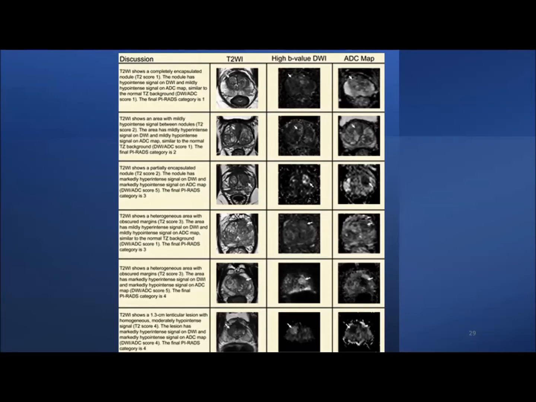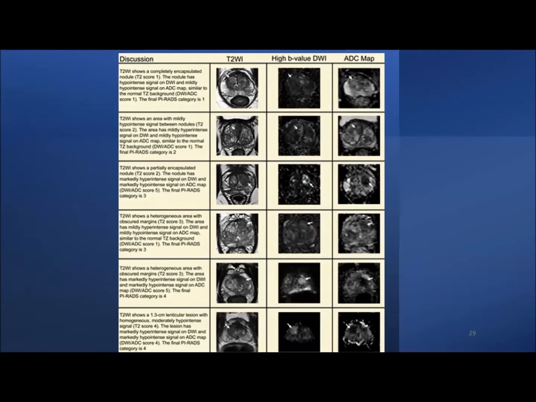So just to sum up, for the peripheral zone, DWI is the dominant sequence. For the transitional zone, T2 is the dominant sequence, but that doesn't mean that we do not see other sequences. You have to correlate the findings that you see on these sequences with additional sequences as I have described.